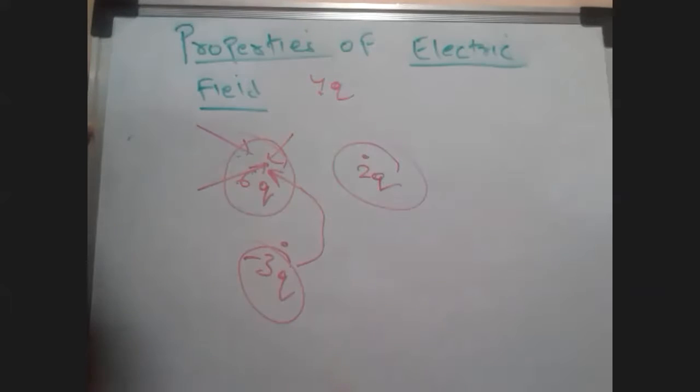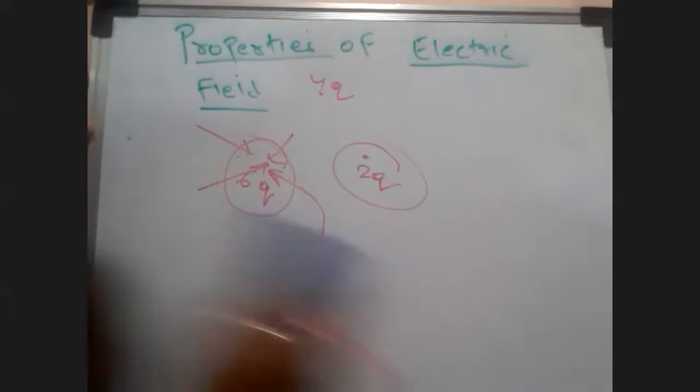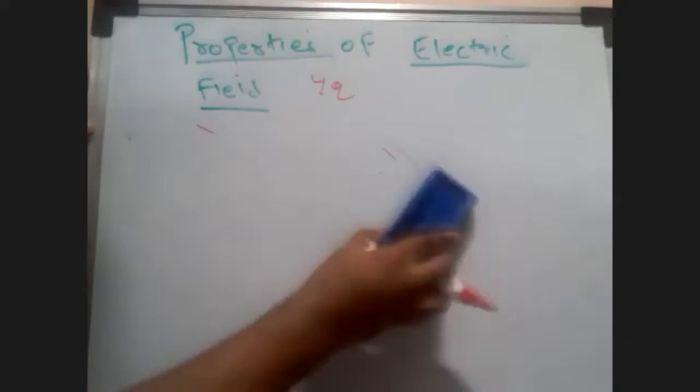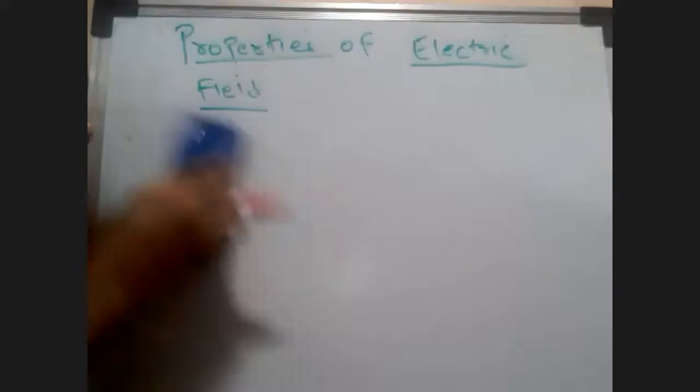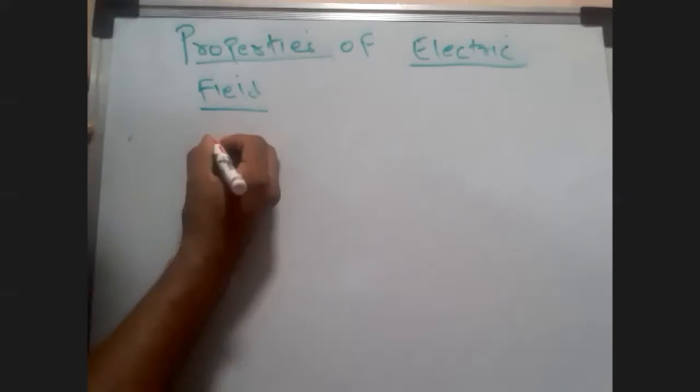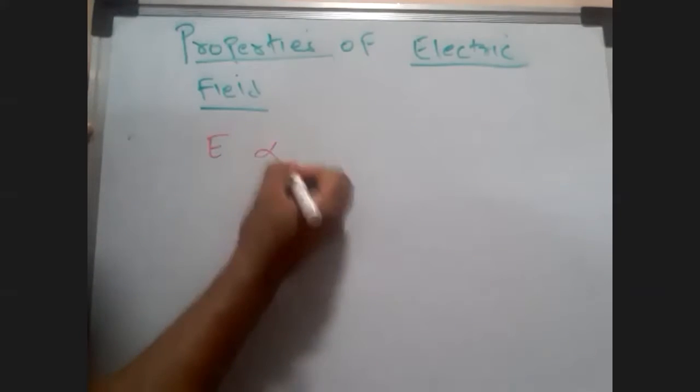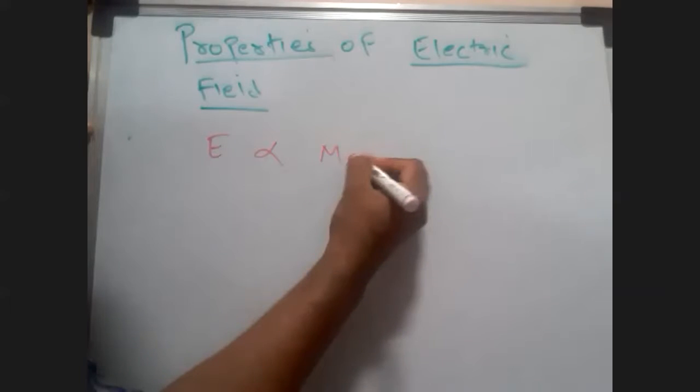So always remember one thing, it's a small statement which simply says that electric field lines are directly proportional to the magnitude of the charge.